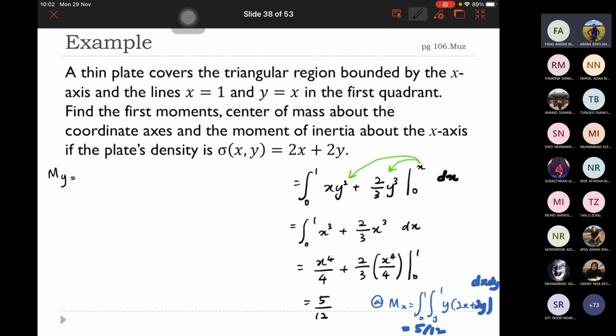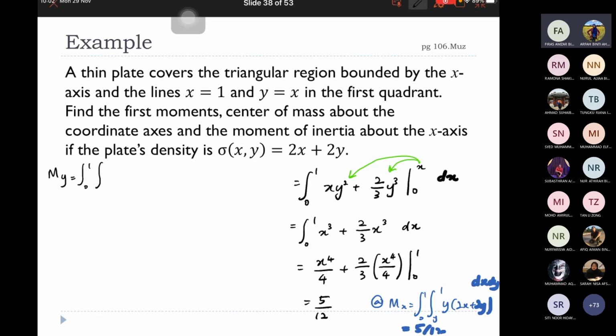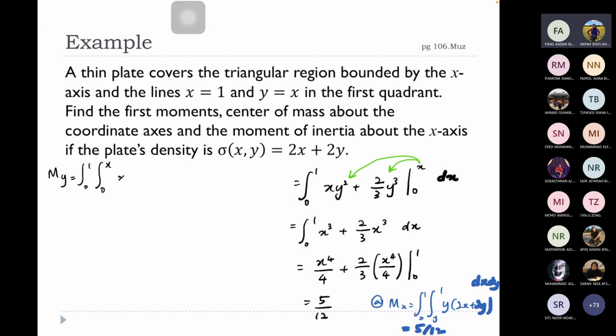MY will be equal to integration 0 sampai 1, 0 sampai X, sigma XY dy dx, equal to integration 0 sampai 1, 0 sampai X, darab 2X tambah 2Y dy dx.